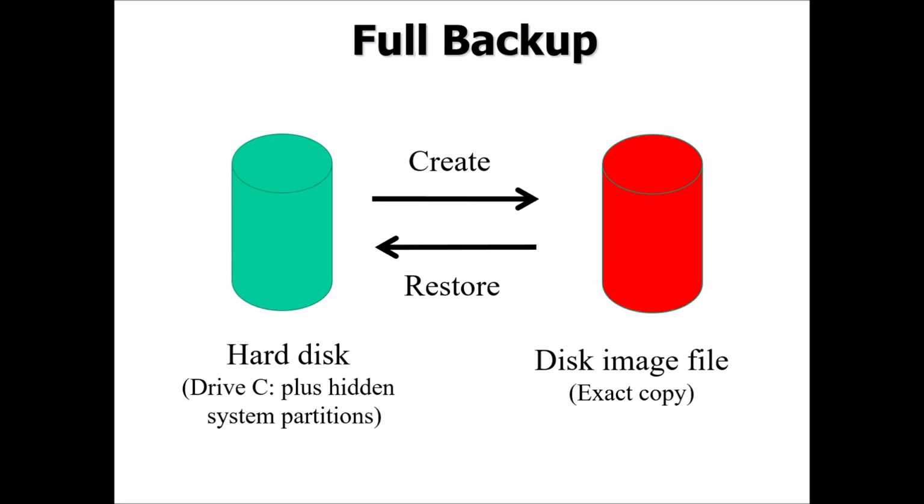So there will be a number of disk partitions on the drive, even if you only see Drive C. The full backup system basically takes everything, Windows, the applications, the data, and it creates an exact bit-for-bit copy of your hard drive on a second drive somewhere as a disk image file. So that means that you can later on use the same software to access that image and recover it back to the hard drive or to a new hard drive if your old hard drive fails, for example.